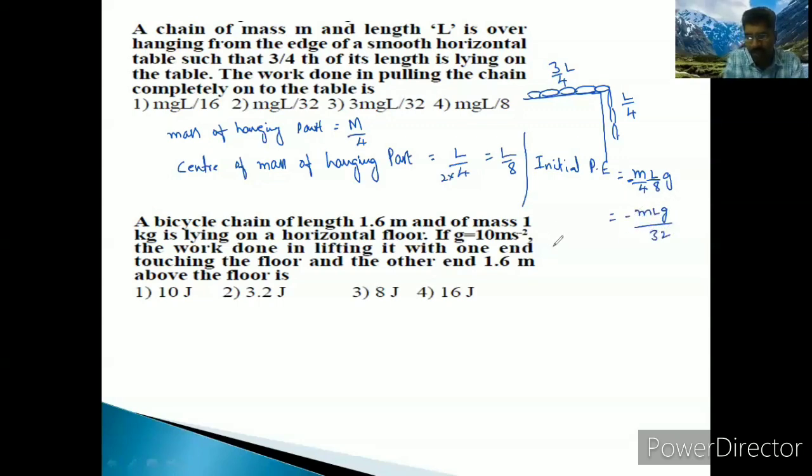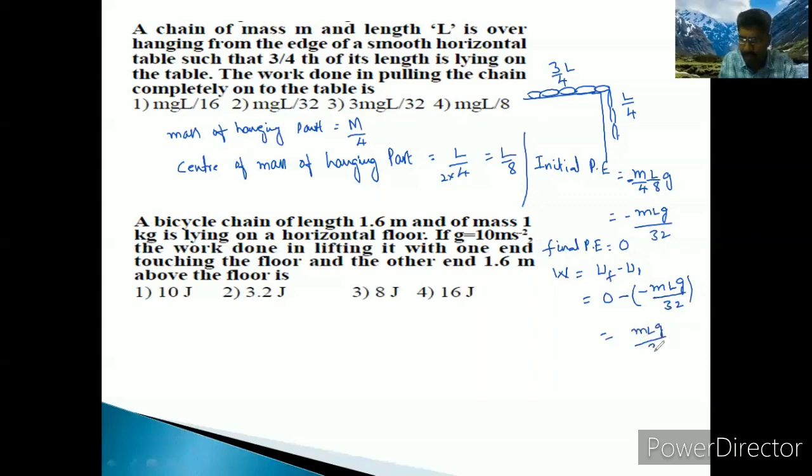The final potential energy: finally the chain will come onto the table, so its potential energy becomes 0. Work done is equal to final potential energy minus initial potential energy, which is 0 minus of minus mLg by 32. So mLg by 32 is the answer. The third option is correct.